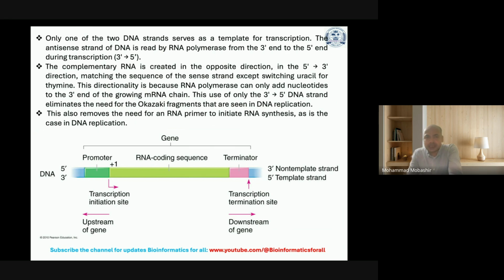And here you can see the DNA 5 prime to 3 prime, 3 prime to 5 prime, promoter, RNA coding sequence, and terminator. So here is the transcription initiation site in the promoter, and here is the transcription termination site. So upstream of the gene is left side, downstream of the gene is right side.